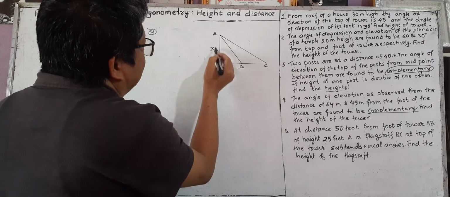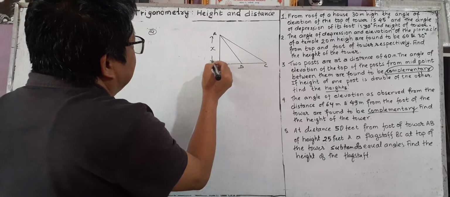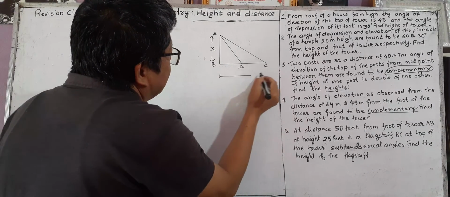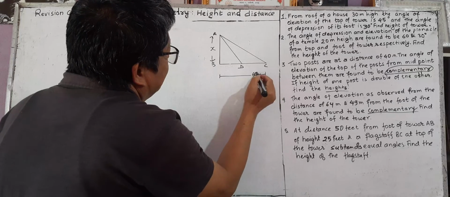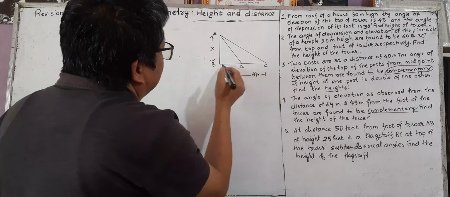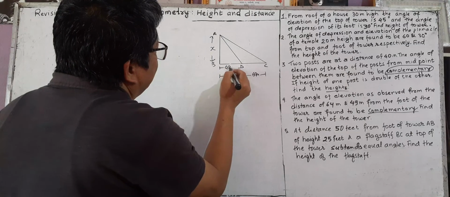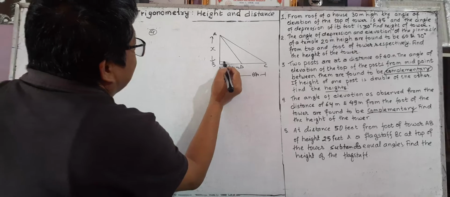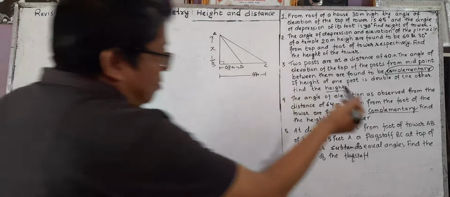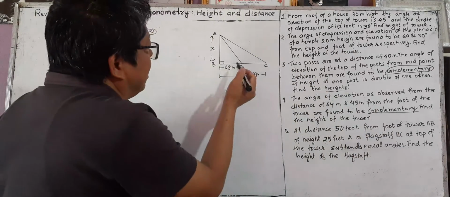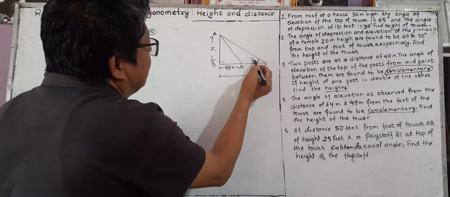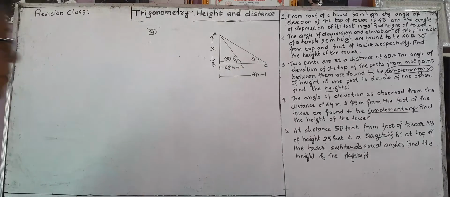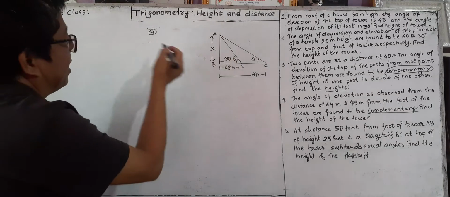AB, we have to find the value. Let us say it is x, this distance is 64 meters and this distance is 49 meters. Okay, and this is the right angle. And now we fix the elevation angle, that is, if this angle is theta, then the other angle is 90 minus theta.